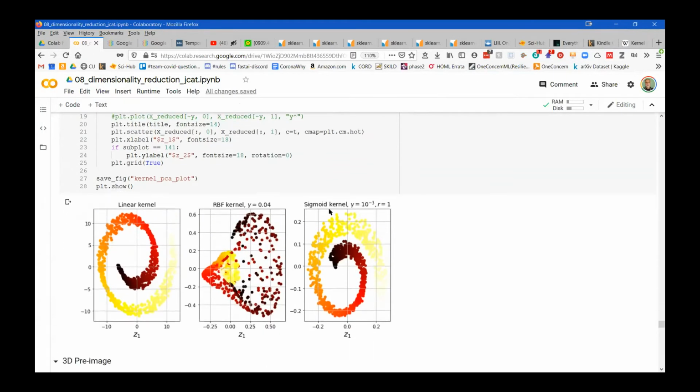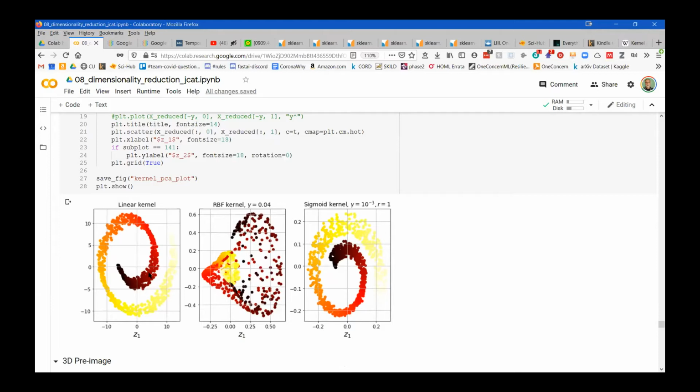So here's the result, using different kinds of kernels. You take the Swiss roll data set, which we saw was a 3-dimensional data set, and he's projecting it down into 2 dimensions with a linear kernel, with an RBF kernel, and a sigmoid kernel. It's interesting that the sigmoid kernel and the linear kernel sort of move in opposite directions.